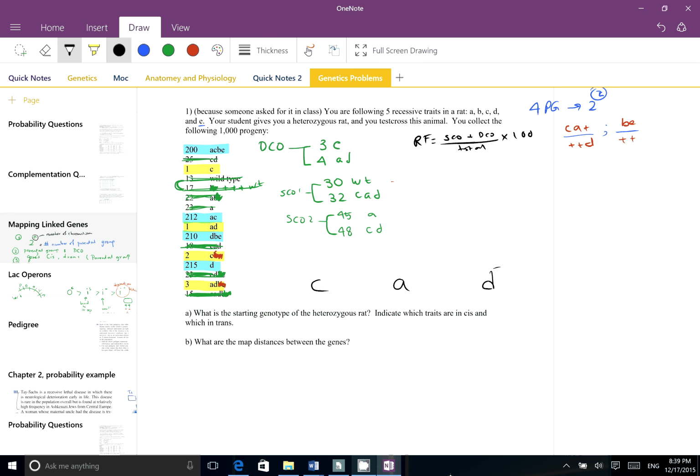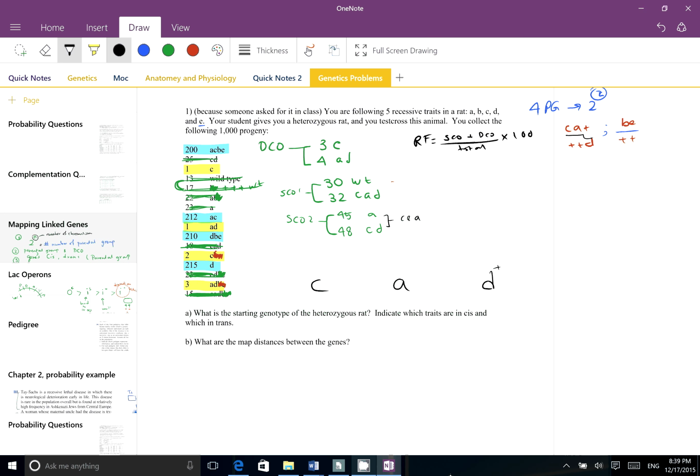So if I want the distance between A and C, when C crosses once, it's gonna be CD. So which one has my CD? So this one will give me the distance between C and A. Okay, and then when D is the one that's crossing over, I'll have CAD.